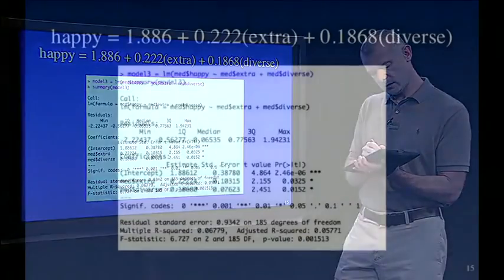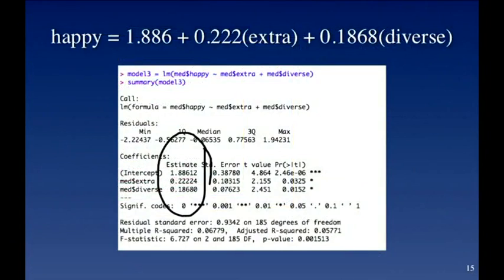And what we see, looking at the regression coefficients and the corresponding p-values, is that this direct effect between extroversion and happiness is still significant, but the effect of diversity on happiness is significant and positive as well. What this is suggesting is partial mediation.